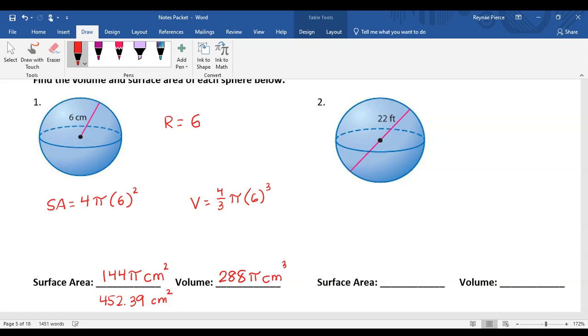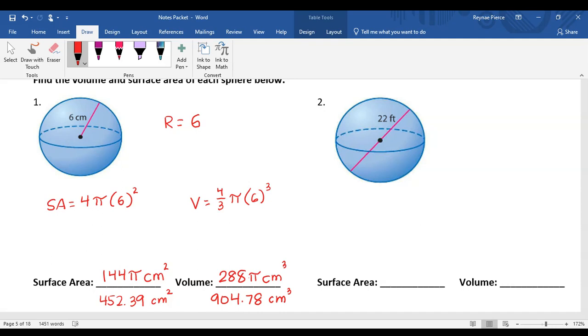That's the exact answer. The approximate answer is about 904.78 cubic centimeters. With the pi symbol in the answer, that's not actually multiplied. We are multiplying, but we want the exact answer. Anytime we round, that's going to be our approximate answer.